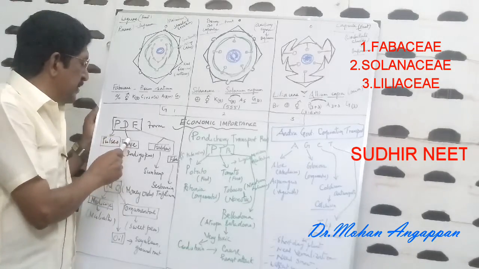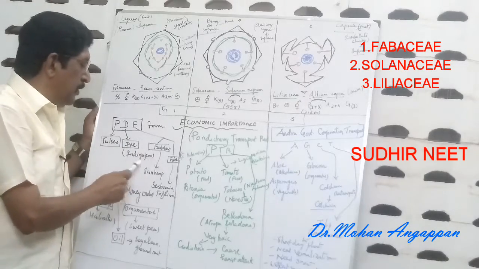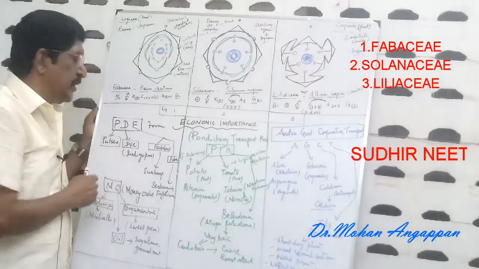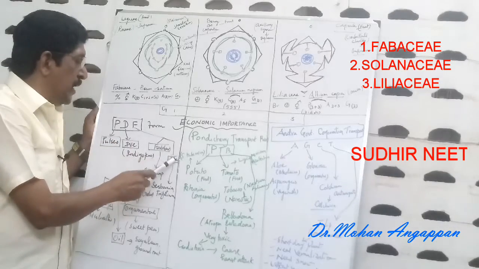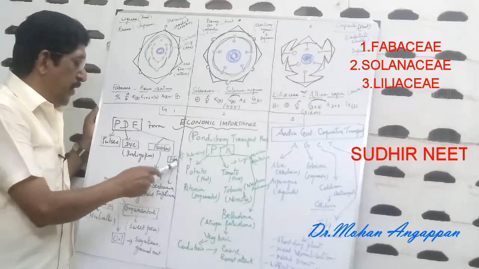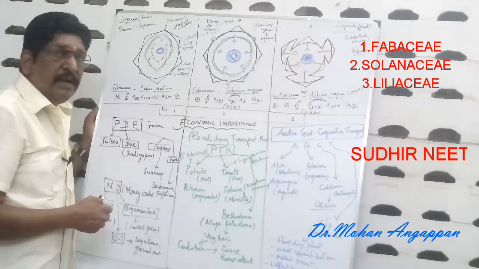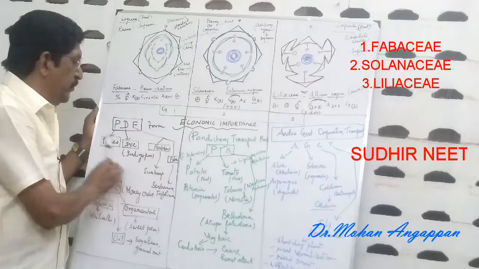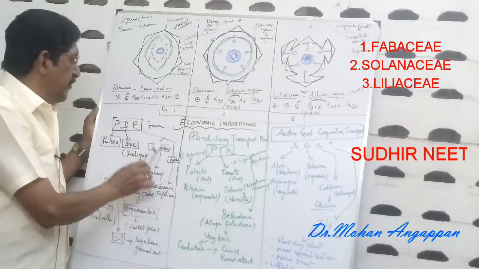And then D represents dye. An example of the plant is Indigofera, from which blue dye is extracted. F represents fodder and fiber, fodder, animal food. Example, sun hemp, and fiber, Sesbania trifolium. So if you remember this PDF, you can remember the pulses, dye and fodder.